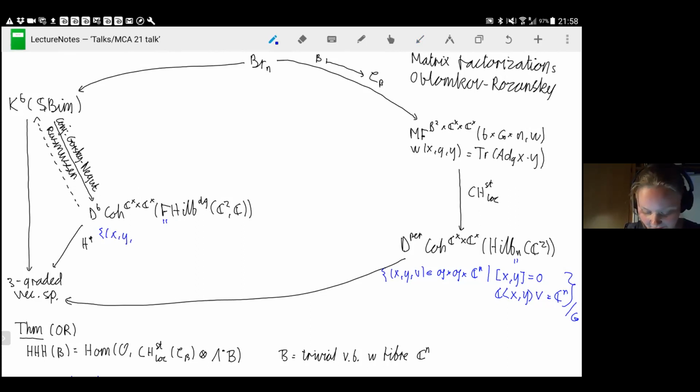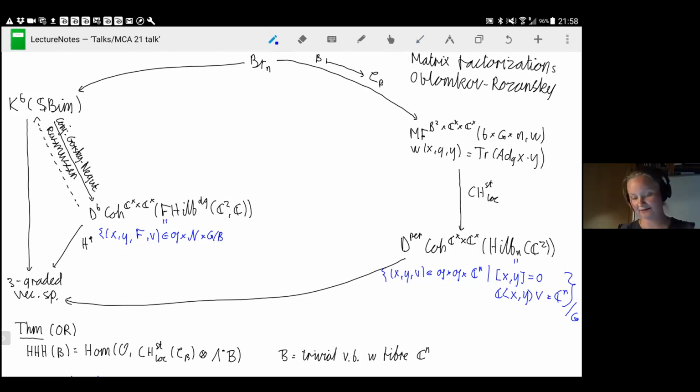I have two matrices again, but now I have a flag. The second matrix is supposed to be nilpotent, and this is what you usually indicate by this C here. And then F is the flag variety.